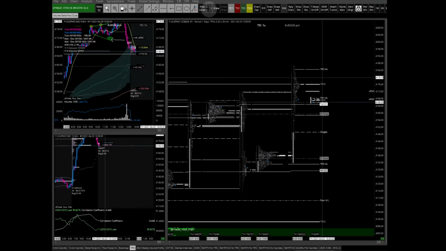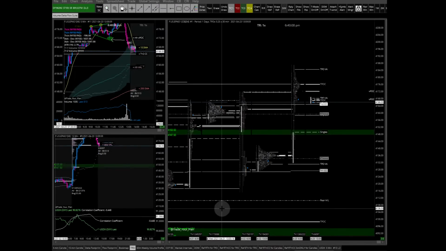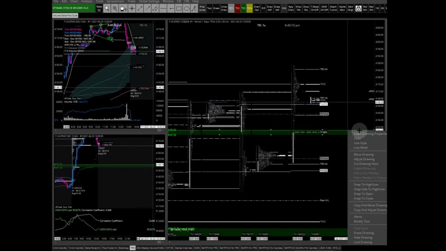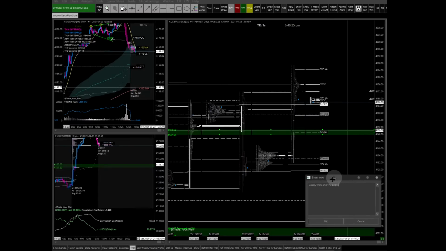You want to be going to your chart and putting a big old area there. Okay, let's modify text. We'll say weekly VPOC and TPO singles or whatever. I'm making it dumb for people who don't know.